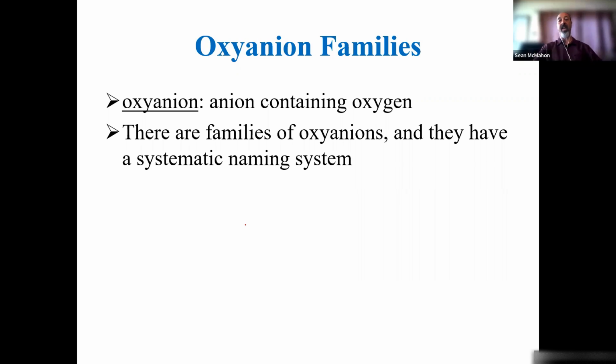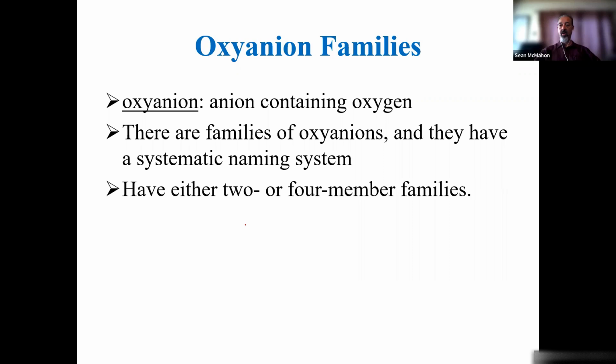But with the oxyanions, there's different ways to name them. So you have 2 or 4 member families. You have the 2 member families where you see oxyanions with only 2 different ratios of oxygen. The name for both of these is derived from the nonmetal nitrogen.